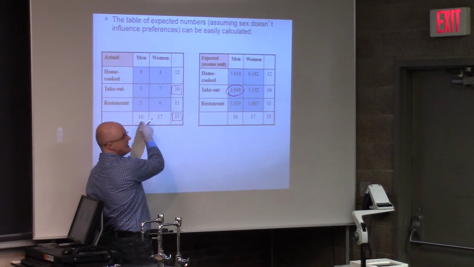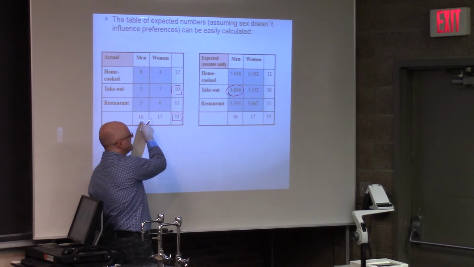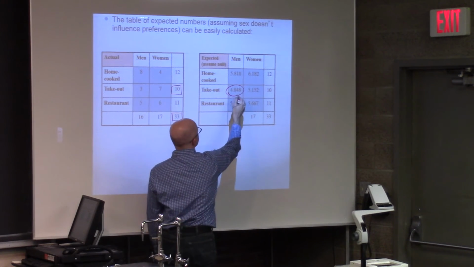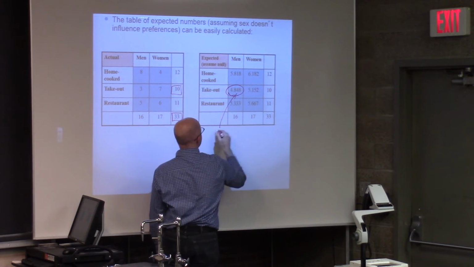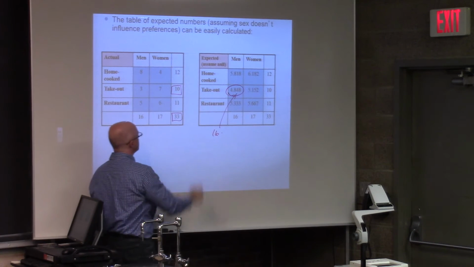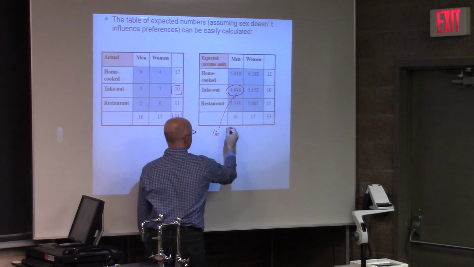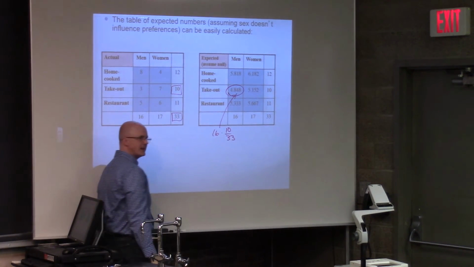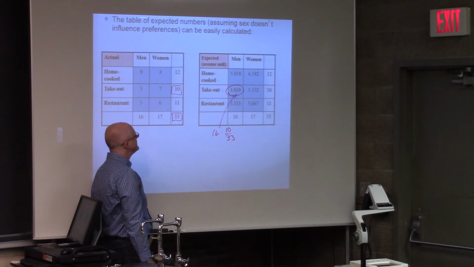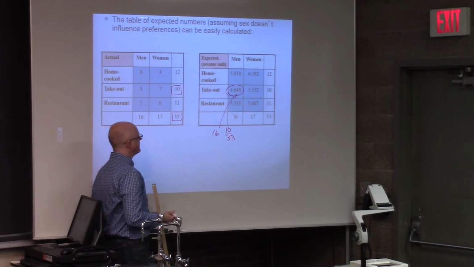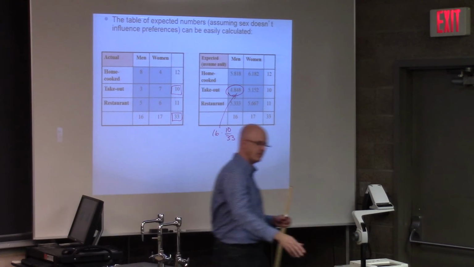And again, there's 16 males overall. This is in the male column there. You could calculate that number by taking the 16 males overall and multiplying times the ratio 10 out of 33. Go ahead and give that a try in your calculator right now. 16 times 10 over 33 should give you 4.848. I'll go ahead and try it too.